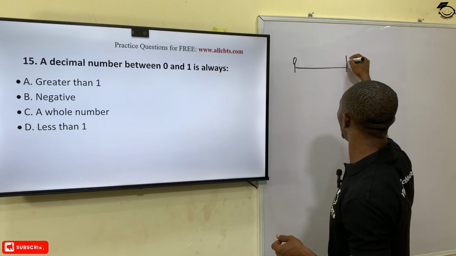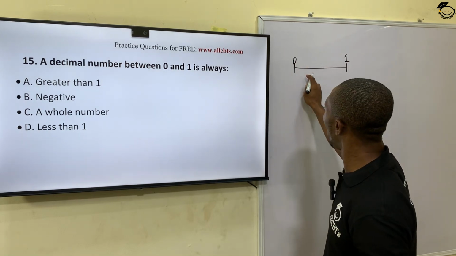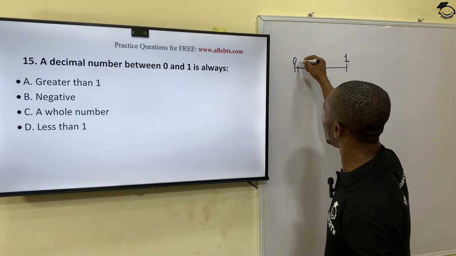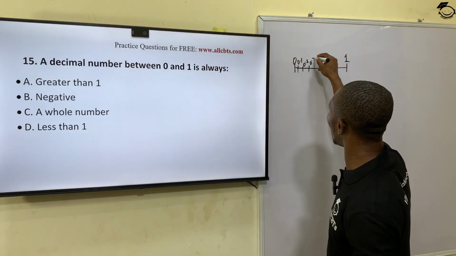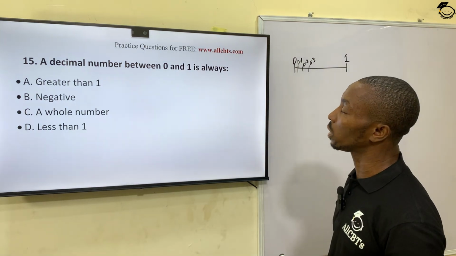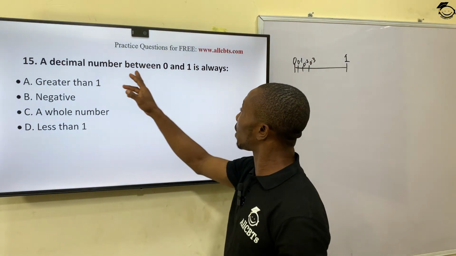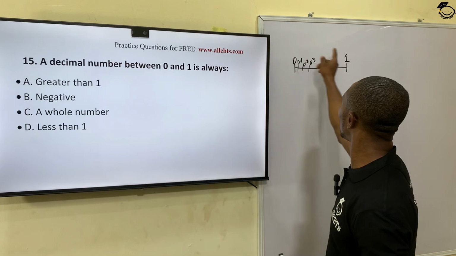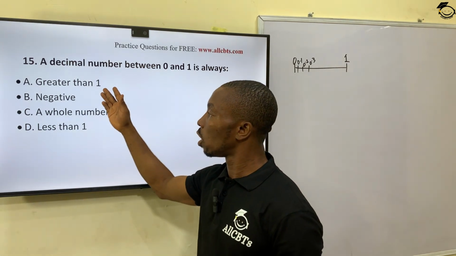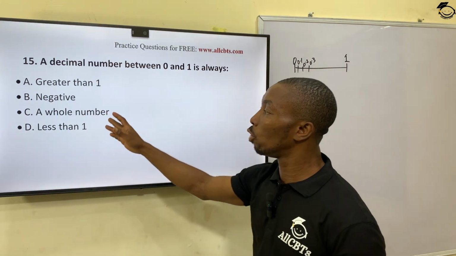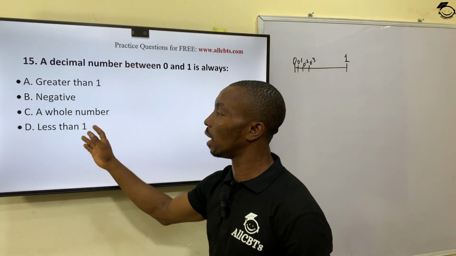So between your 0 and 1, we have decimal numbers of 0.1, 0.2, and so on and so forth. Now, the question is, are the decimal numbers between 0 and 1 greater than 1? Are they negative? Are they a whole number? Or are they less than 1?